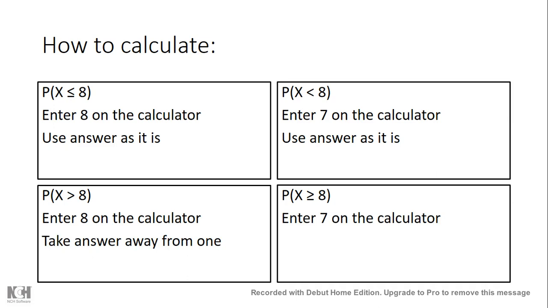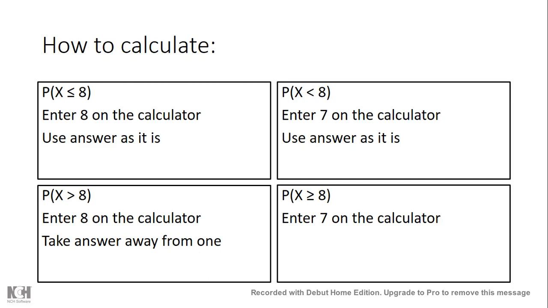This is probably the trickiest one. X is greater than or equal to 8. Okay, so the reason we enter 7 on the calculator here is because we want to include 8. And remember, we're going up to the first number we don't want included here, because the calculator is going to work out everything from 0 up to 7.